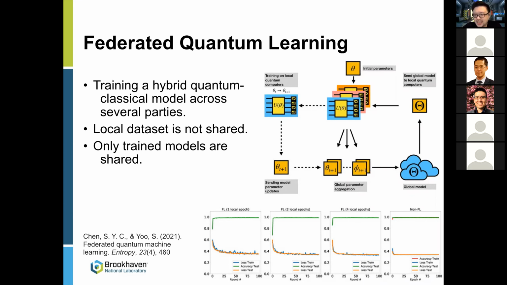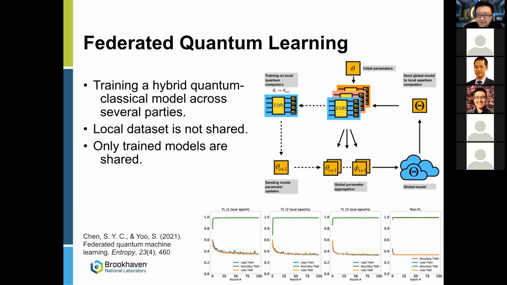So there are several parties, and each party has their own data, but they only have very small-scale computing power. Can we leverage this limited computing power and the distributed data to reach a high-performance model? This is federated learning, one aspect of federated learning, and this is a very hot topic in classical machine learning.